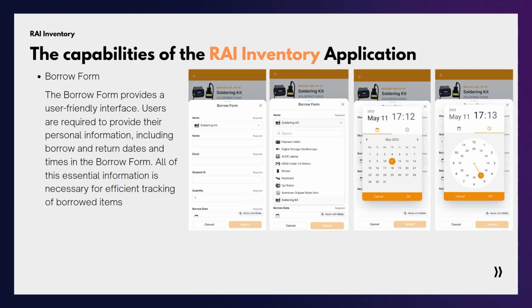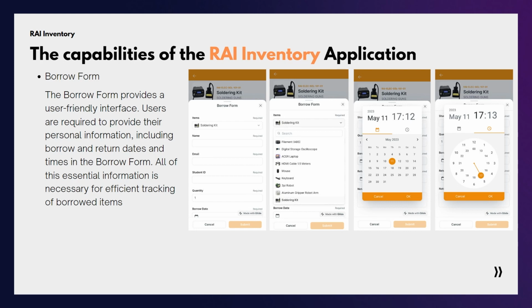All of this essential information is necessary for efficient tracking of borrowed items. Also, we provide a user-friendly UI to click on the calendar and the clock, so you can select the borrow date and return date more easily.